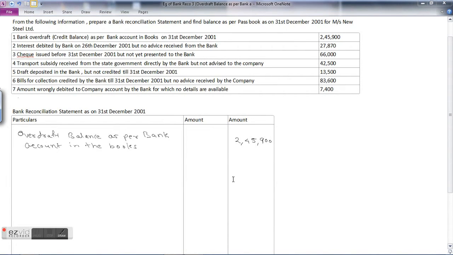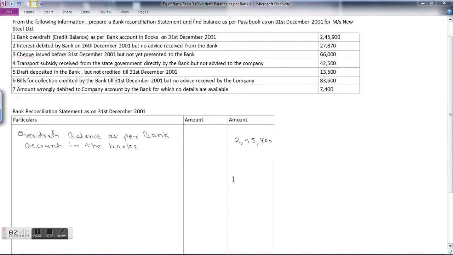Now the next transaction is transaction number 2, interest debited by bank on 26 December 2001 but no advice received from the bank, 27,870. So what has happened is the bank has debited the interest on 26 December 2001 but it has not given any advice to the company or to the organization.